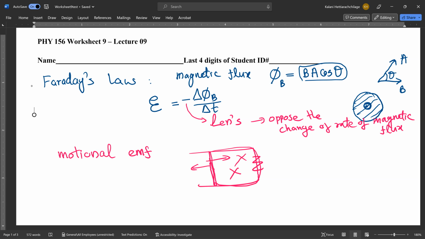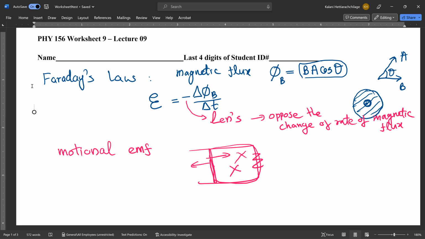Then that EMF you will be able to calculate, and you will be able to calculate the net voltage and net current of the circuit by using Ohm's law, so we can combine electricity and magnetism together here. Okay. So induced motional EMF basically means you're going to change your area.